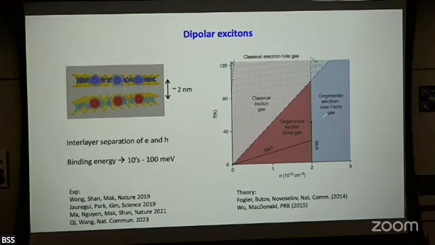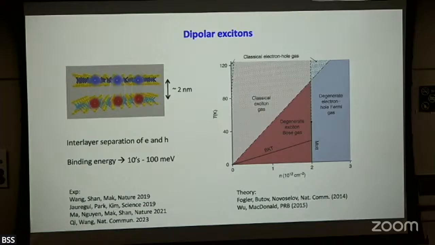Exciton will dissociate and become an electron-hole plasma. And this dashed line is the degeneracy temperature, when the de Broglie wavelength becomes comparable to the interparticle spacing. So in this red area, we're talking about a quantum Bose gas, and above, we're talking about classical.